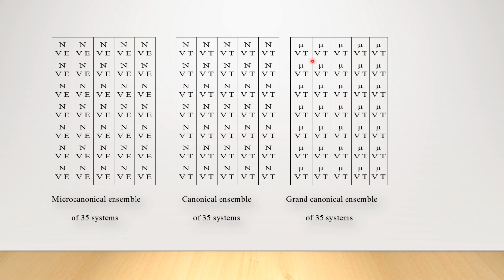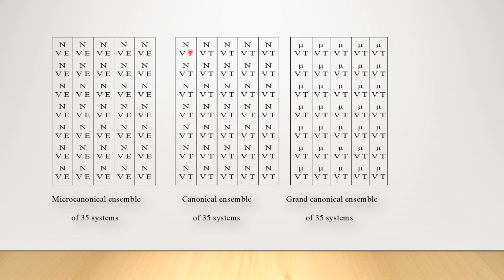While volume V, temperature T and also the chemical potential mu remain the same in all of the systems. So in the grand canonical ensemble, chemical potential mu, volume V and temperature T are constant for each system, whereas the number of molecules N is different because the system is open.